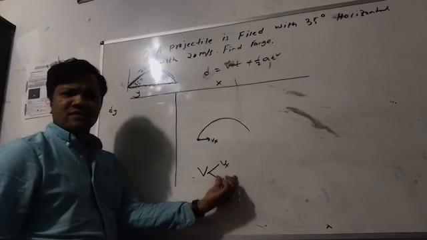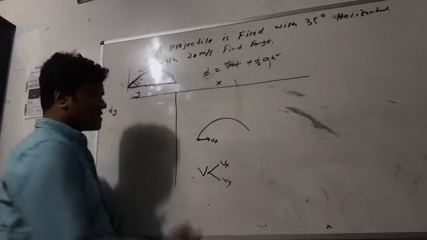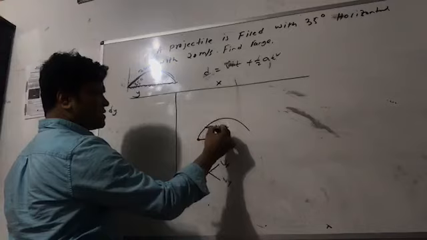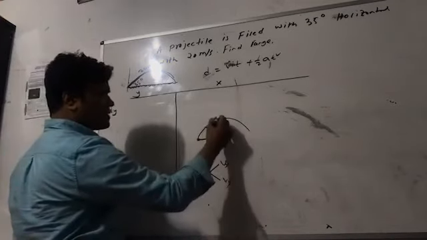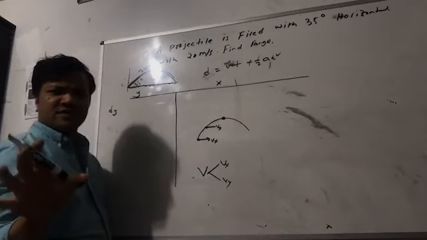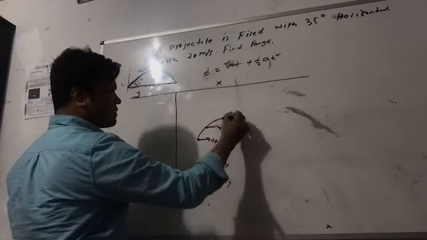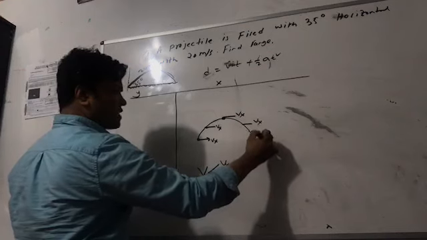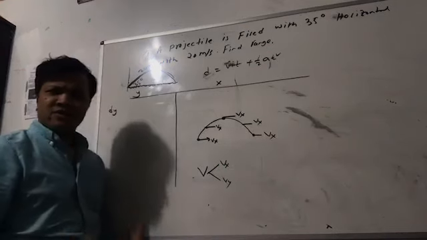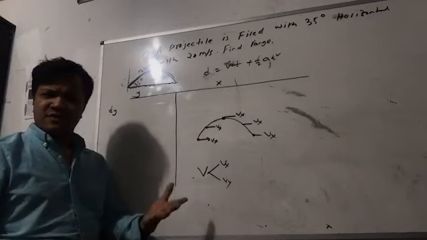Vx is always constant. What do I mean by constant? Constant means it never changes, not even at the top where it changes direction. So Vx always remains the same. The x component of the velocity never changes.